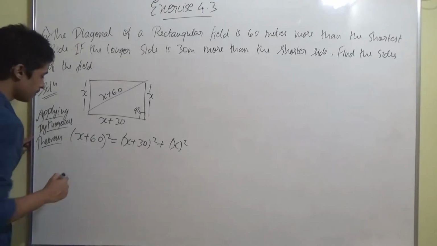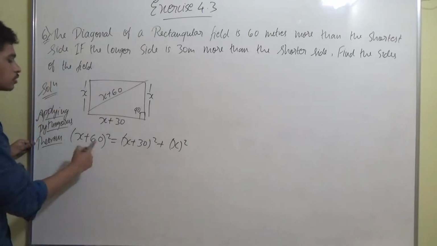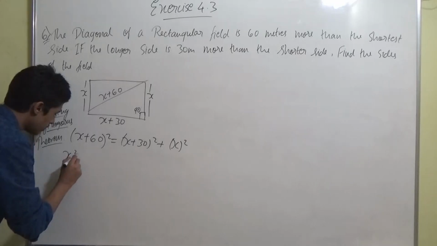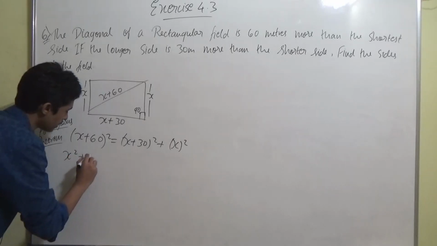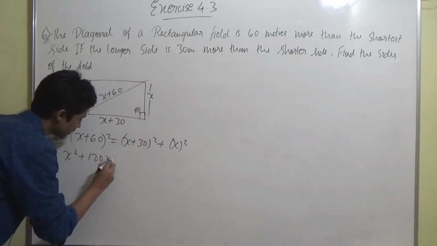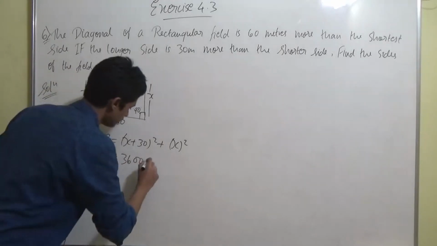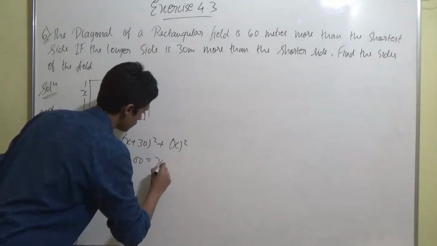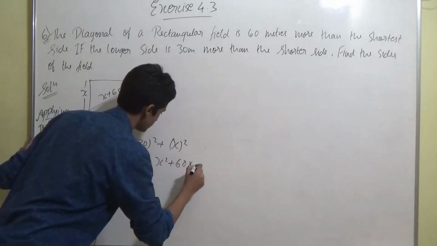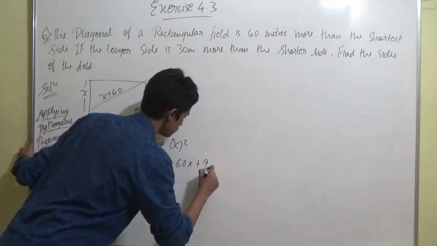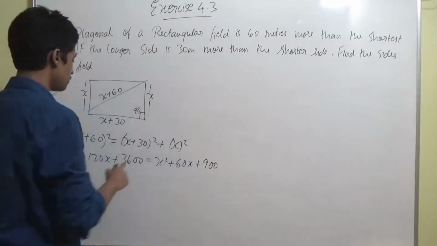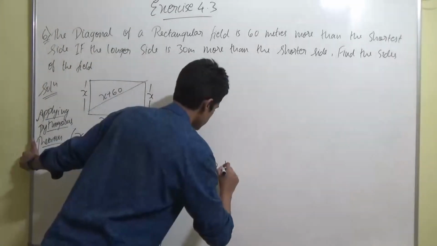Now let's start opening it. If you open this up, it will become a square plus b square plus 2ab. So it is a square plus 2ab. I'll write first x square plus 120x plus 3600 equal to, here it will become x square plus 60x plus 900 plus x square.